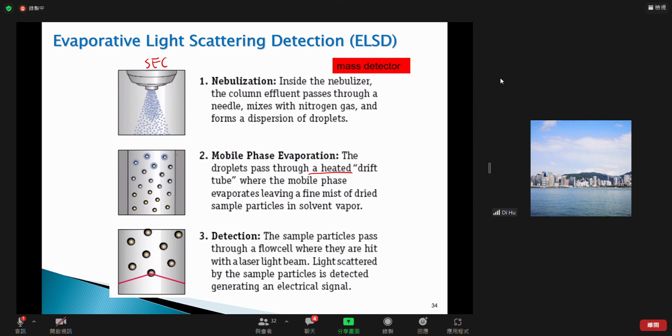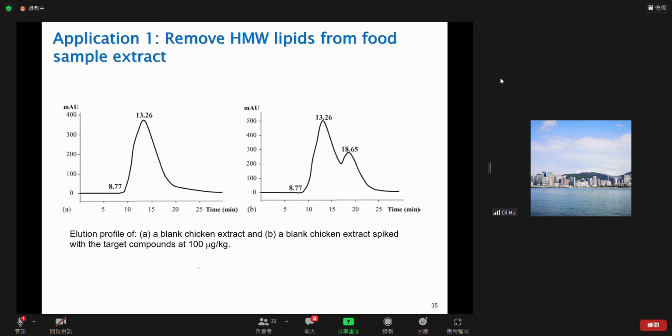The dry particles pass through the flow cell until they come to the bottom, where they hit a laser beam. The light is scattered in all directions, and we can put the detector at about 45 degrees to that.